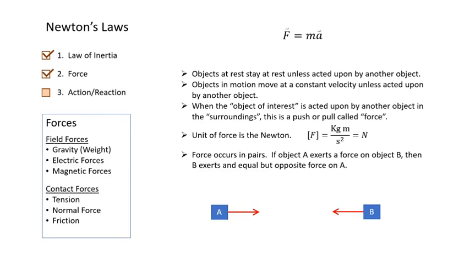So if B exerts a force on A, and I'm showing an arrow on A going to the right, then A exerts an equal and opposite force on B, where the red arrow on B then goes to the left. And I actually recommend that you label action-reaction pairs with the same label.